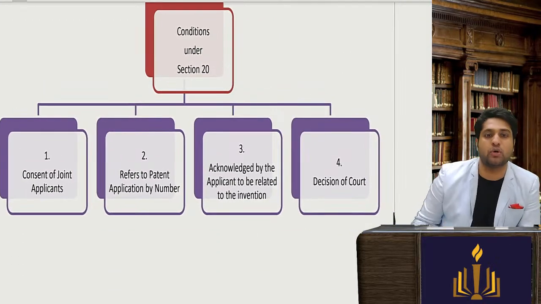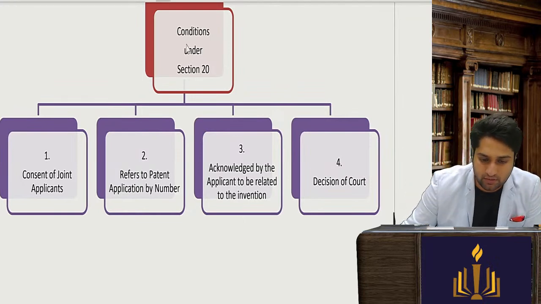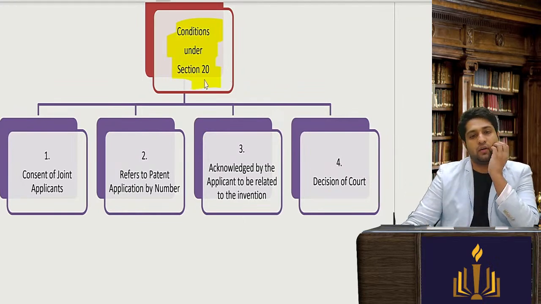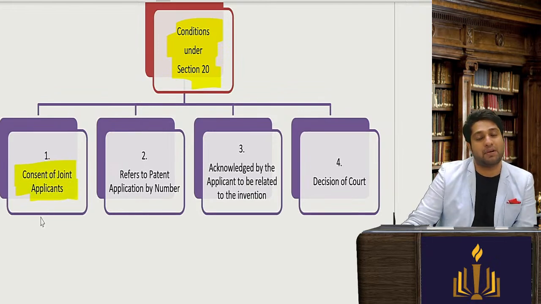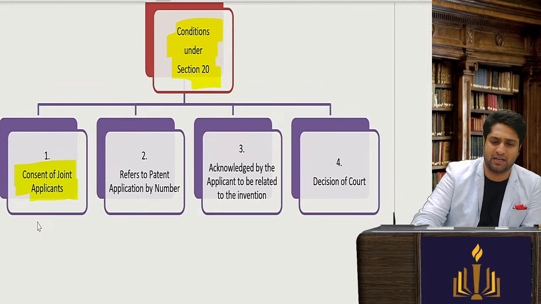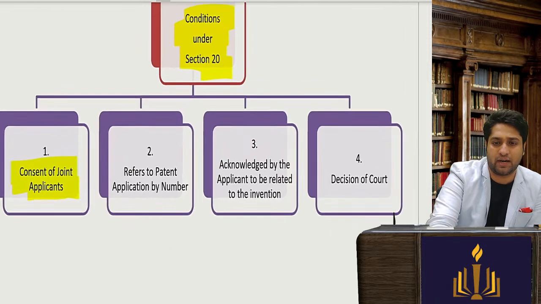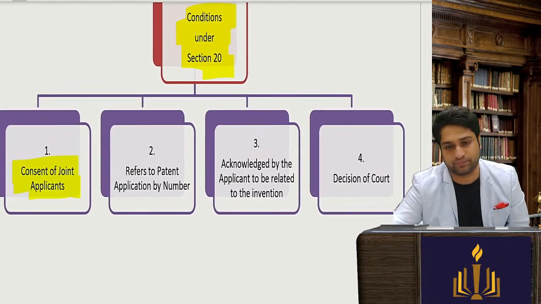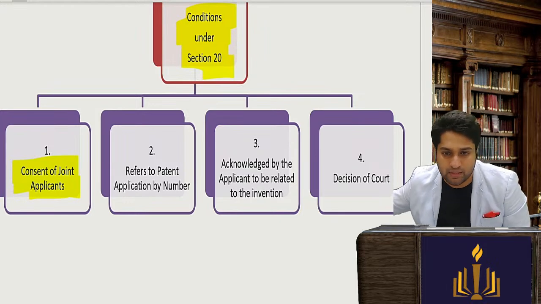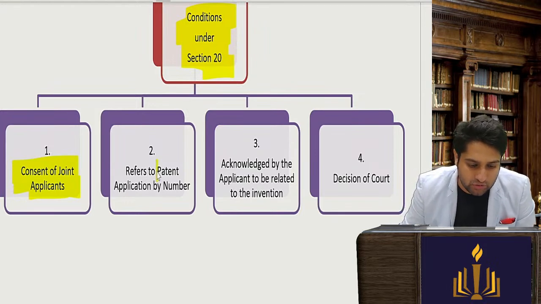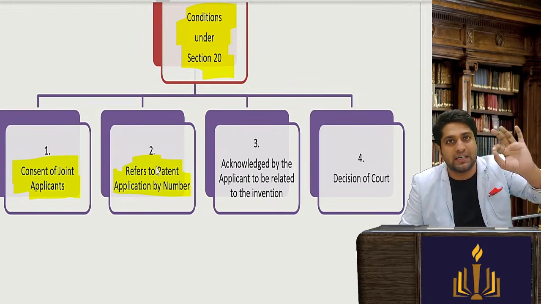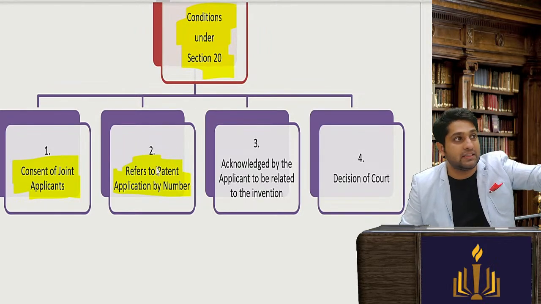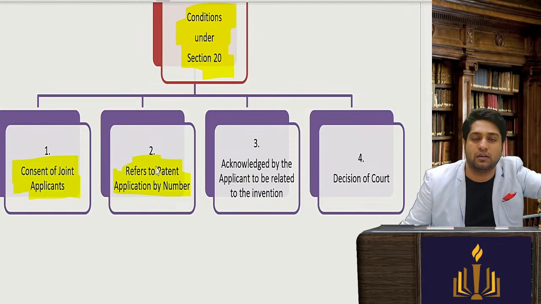Okay. So there are a total of 4 conditions given. First one is consent of all the joint applicants should be there. If we are saying there's an agreement or assignment, consent is required. Second, it refers to the patent application by number. We saw that it should clearly mention this is the invention number that we are talking about.